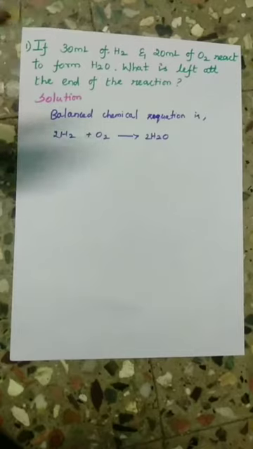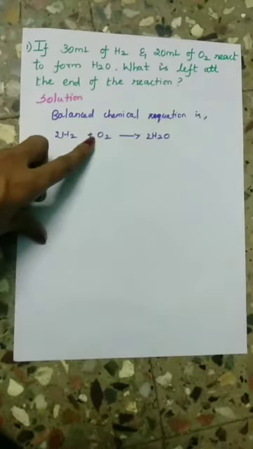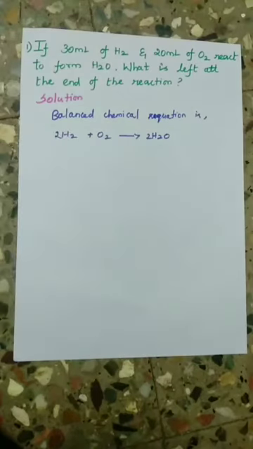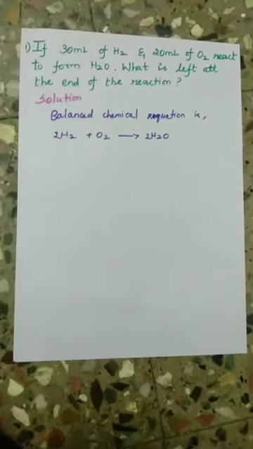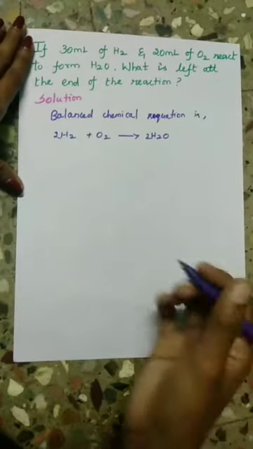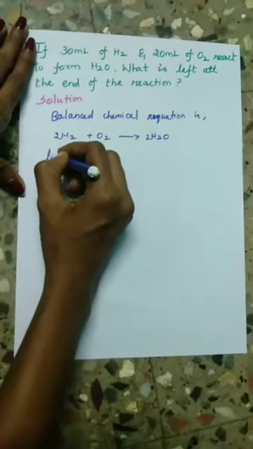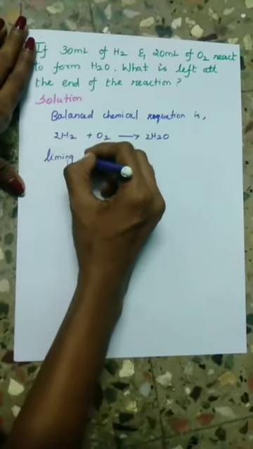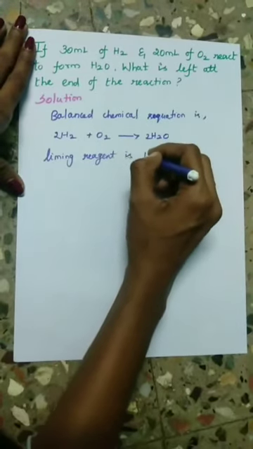So this is a balanced chemical equation: 2, 2, and for oxygen 1. Now this equation is balanced. So here 20 ml of oxygen and 30 ml of hydrogen is required for this reaction. So here the limiting reagent is hydrogen only.